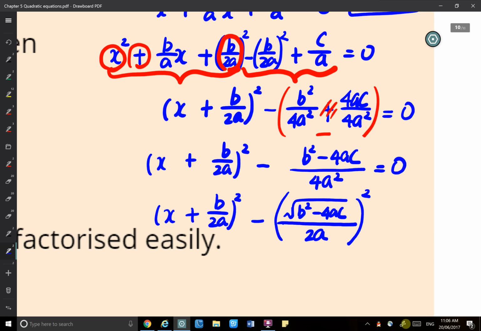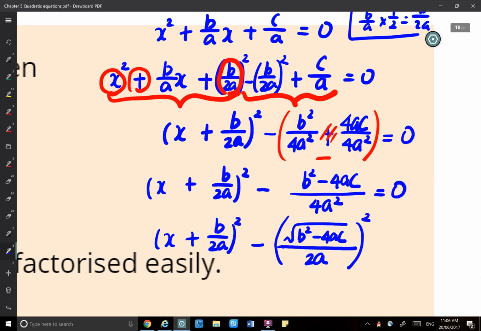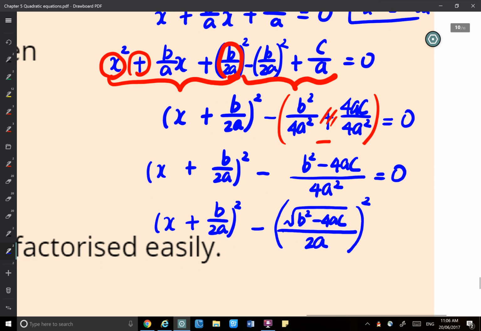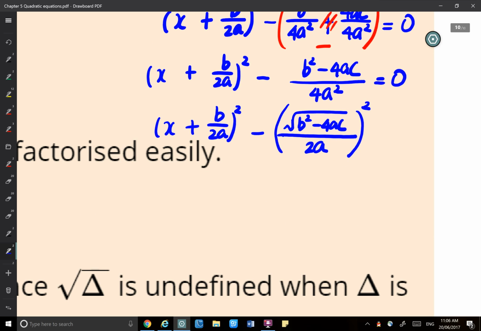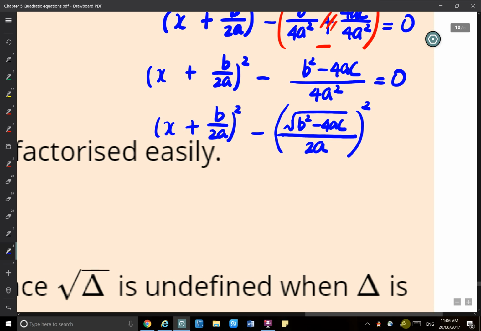Well, if you square this number it will give you that number, right? So that's still equivalent. Because I want to make an a squared minus b squared form. And that equals 0.